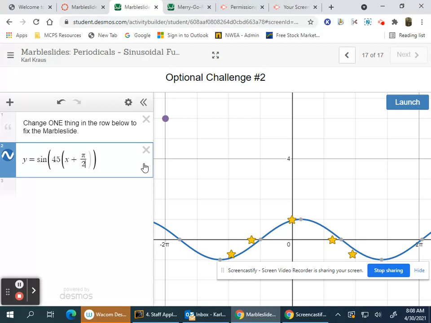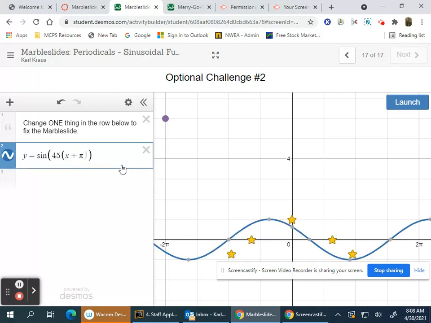And I don't know why that's not working. So let me increase this a little bit. If I do pi. Oh.